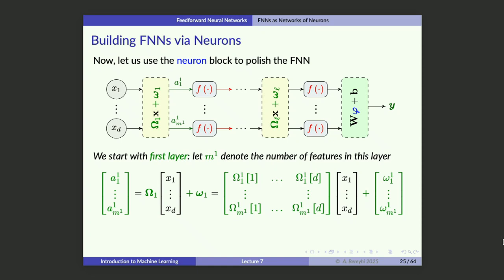So I am going to have omega 1, 1, first guy, multiplied by x1, right? Then the next one, omega 1, 2, the second guy, multiplied with x2, and you keep on going like this till you have omega 1, d, the last entry in the first row, times xd. Correct?